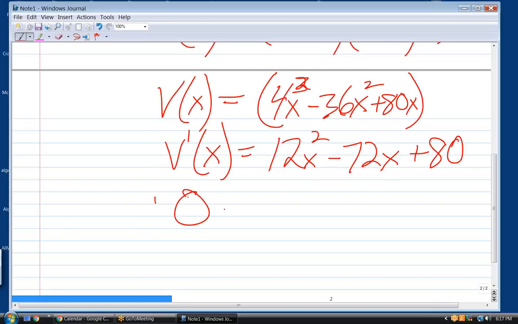In other words, I'm going to set that equal to 0, and then I'm going to factor this thing. I can take out a 4, that'll help.